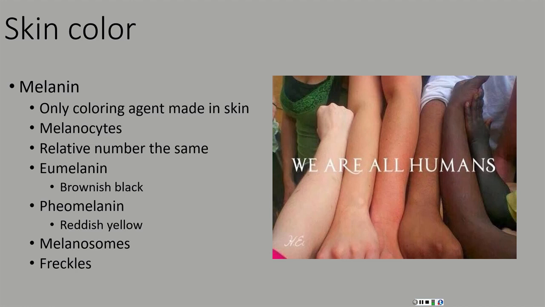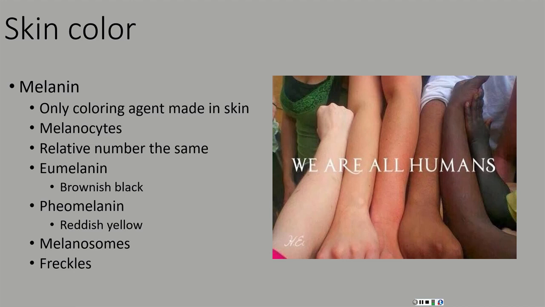But in addition to that, and really more importantly, is the rate of melanin production. Over here on the right, where we have the darker skin tones, these people have melanocytes that are making melanin much faster than these people over here on the left with the lighter skin tones. But the relative number of melanocytes is the same.